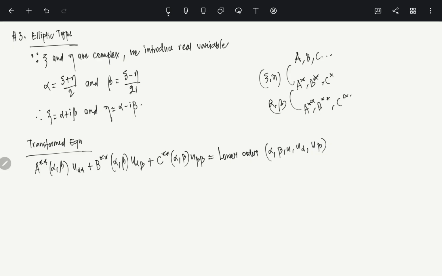Now the thing is this, you see, we have xi is this and eta is this. So please check this part: with these choices, a star equals c star equals 0.